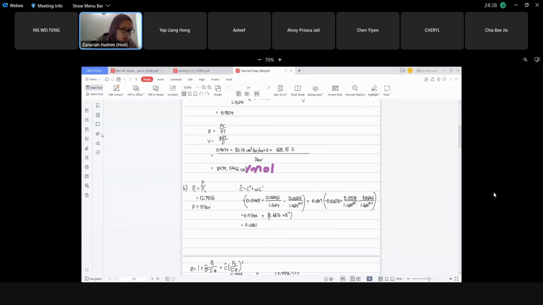Ada tak orang yang guna cara lain? Anyone did using the Lee Kessler? Ada tak? Semua pakai second virial.